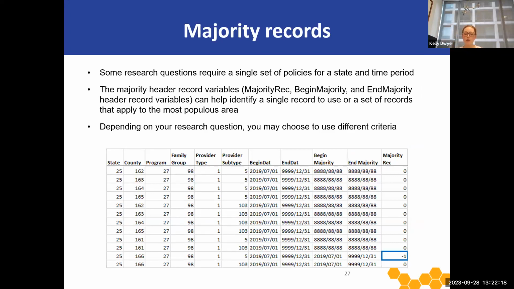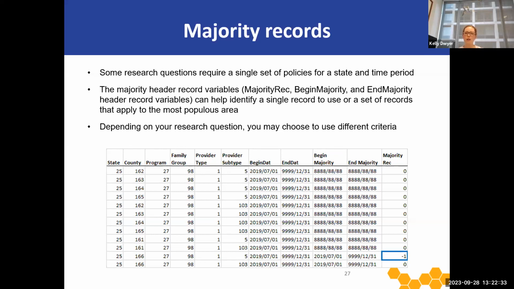Additionally, the majority record header variable, which is in the last column here, can help us identify a single record or majority record for each state and territory and time period that can be used to represent the state's general policy.